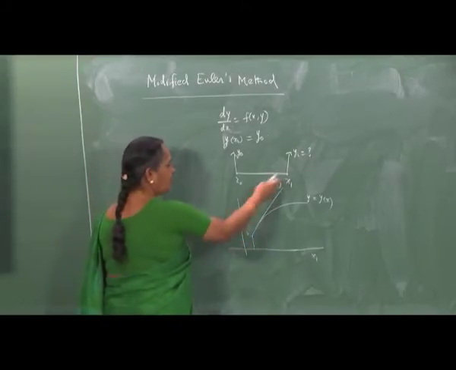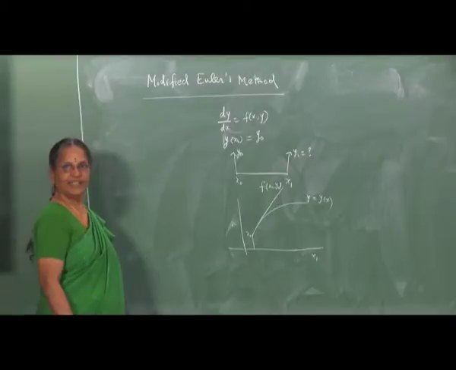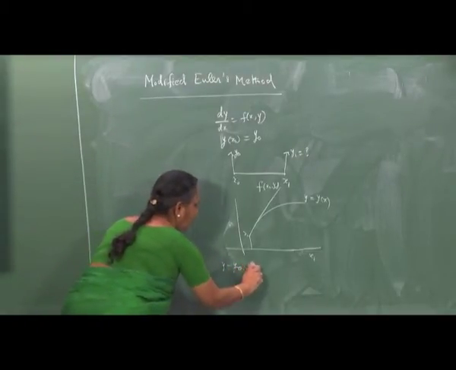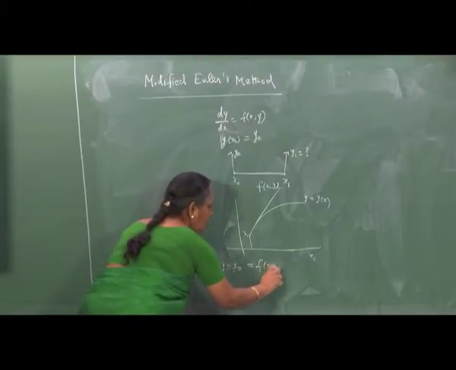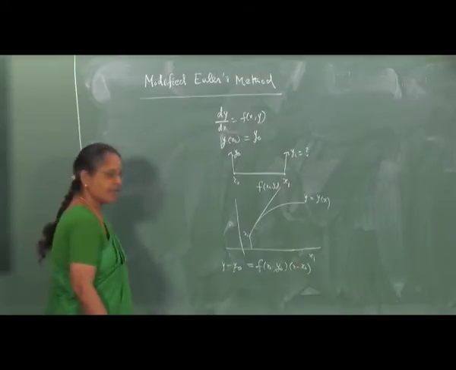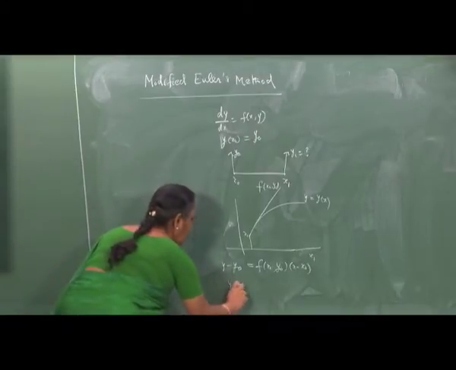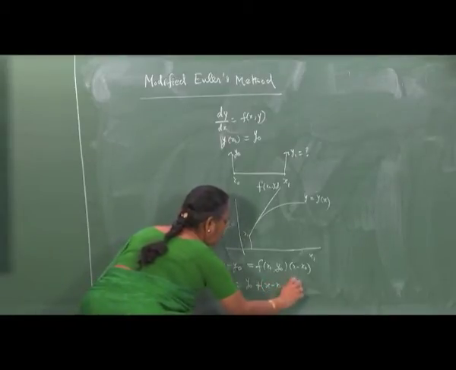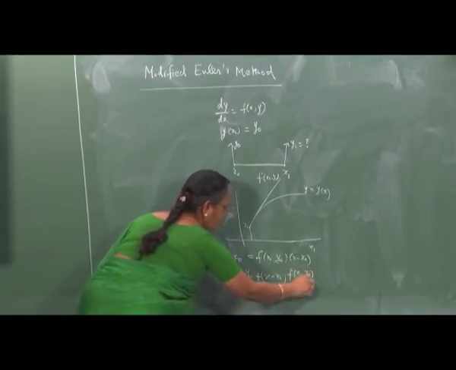So, we wrote down the equation of the line, namely it passes through the point x naught y naught, it has its slope as f of x naught comma y naught, and so y will be y naught plus x minus x naught into f of x naught y naught.